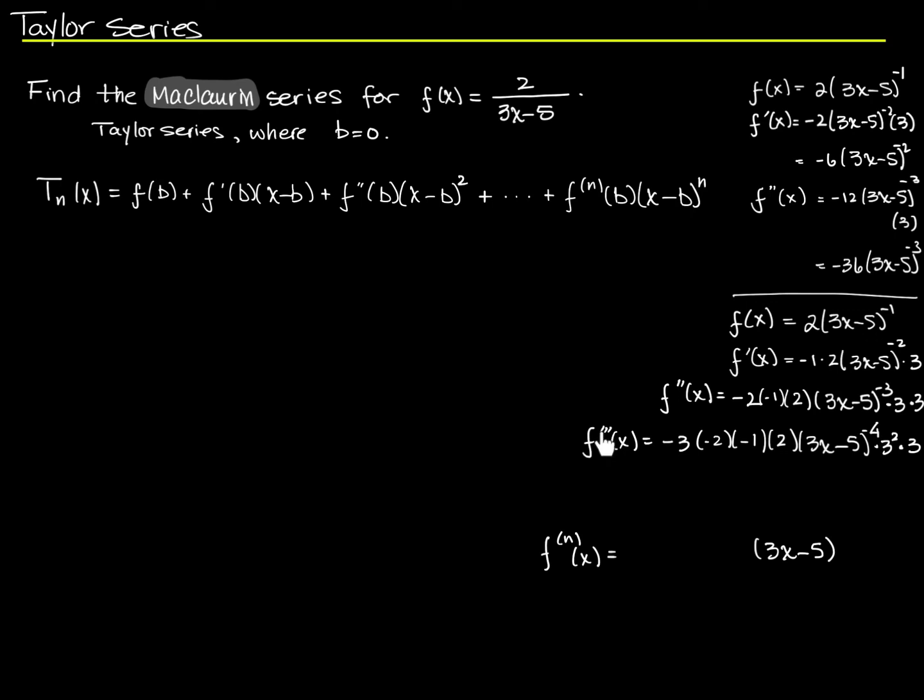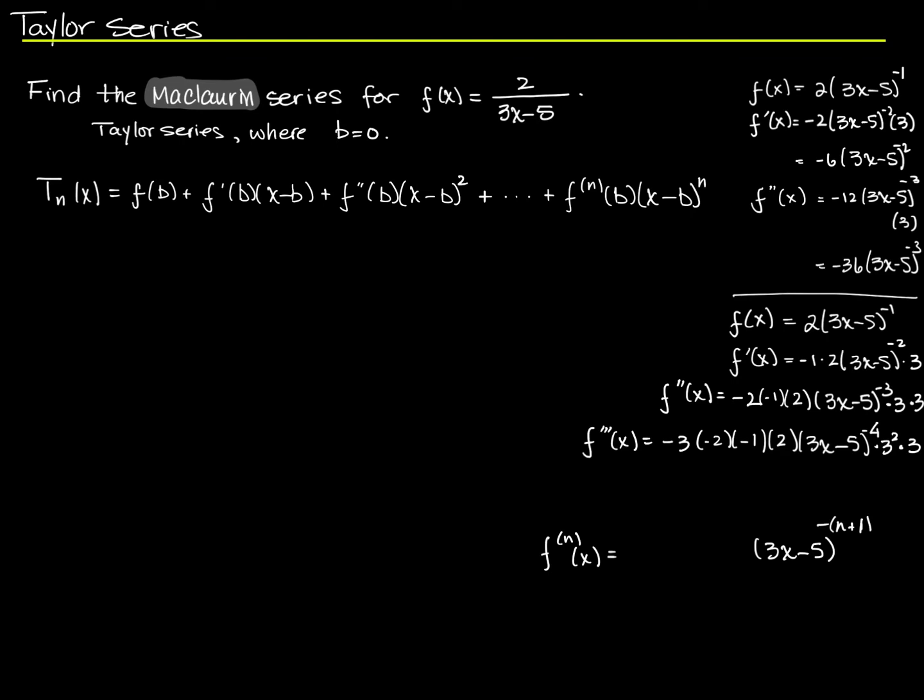Here I'm taking the third derivative, and here I have a 4. Here I'm taking the second derivative, but in the exponent I have a 3. So if I'm on the nth derivative, then the numerical value of my exponent is going to be n plus 1. But notice that each one of those was negative. It's numerically one more than the derivative, but every single time it's negative. So I've got negative the quantity n plus 1 for my exponent.